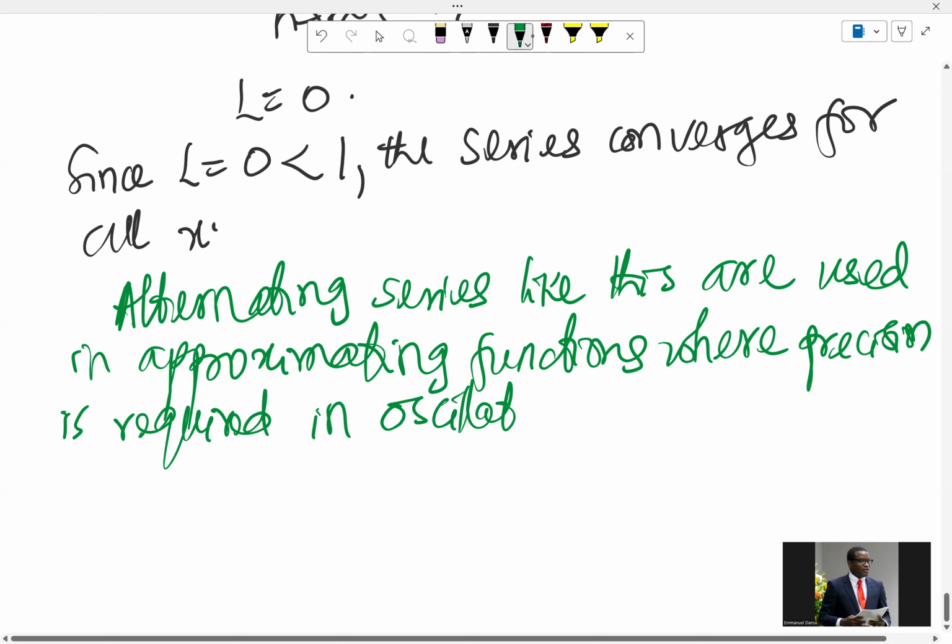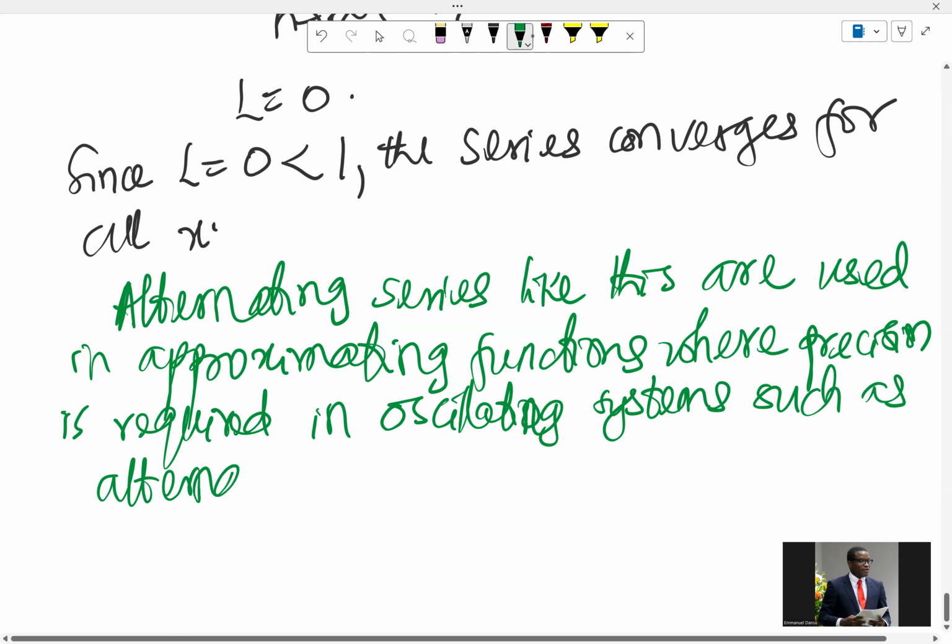So systems that keep changing, in oscillating systems, such as alternating current circuits.